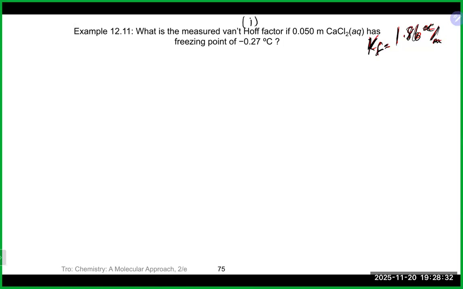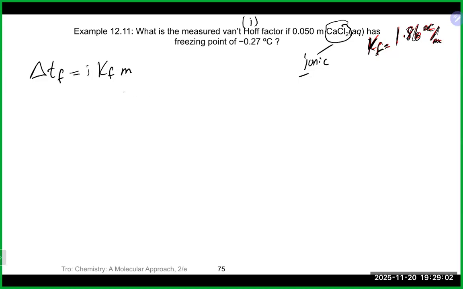If it wasn't this type of problem, we definitely know that i would be involved because here our solute is ionic. So that's a good way to remember: I need the i if it's ionic. We are doing freezing point here, so we'll use our normal freezing point formula, but we will insert the i in there because it is an ionic compound. And we have Kf and our molality.